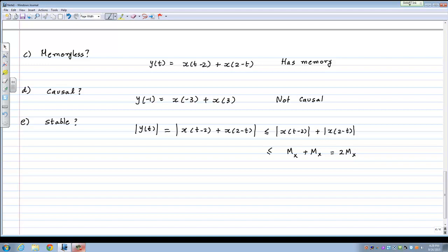For every bounded input x of t, the output is also bounded, and so the system is stable. Any questions?